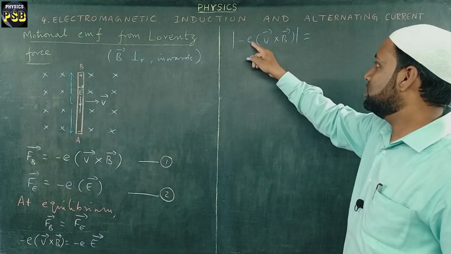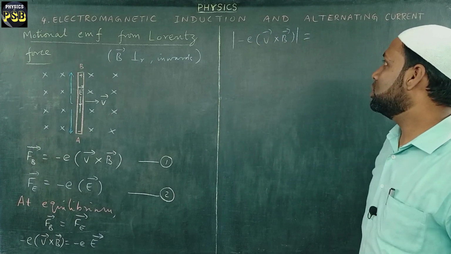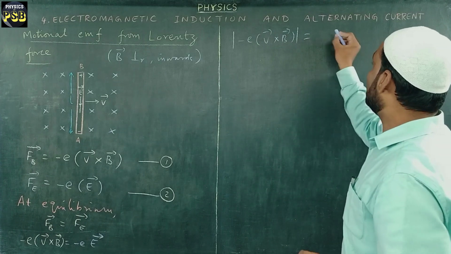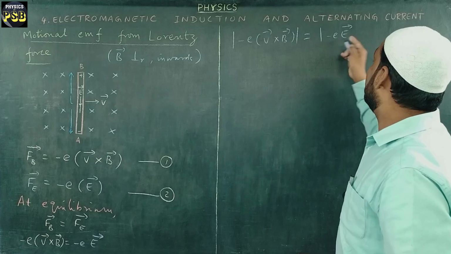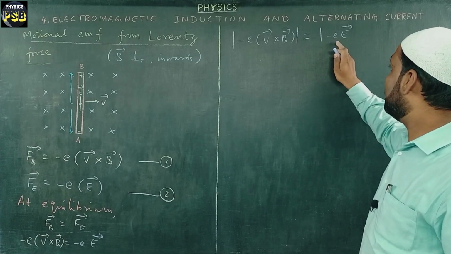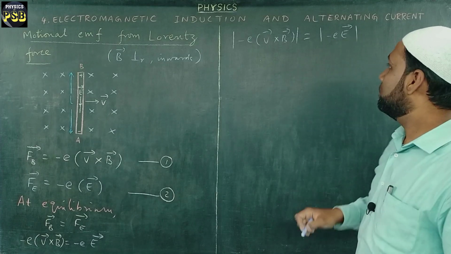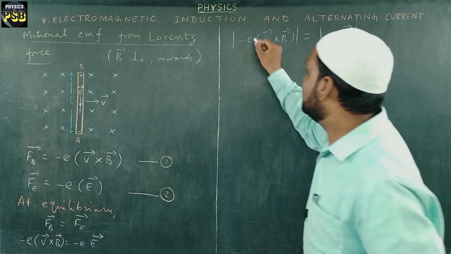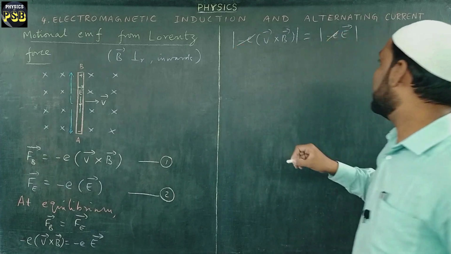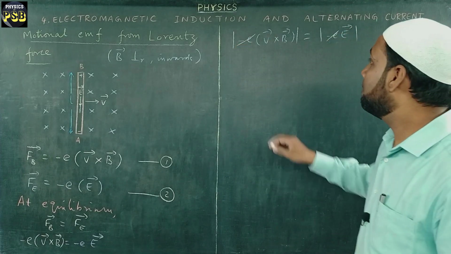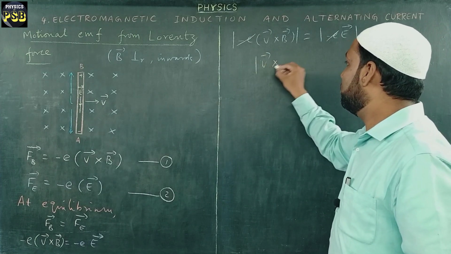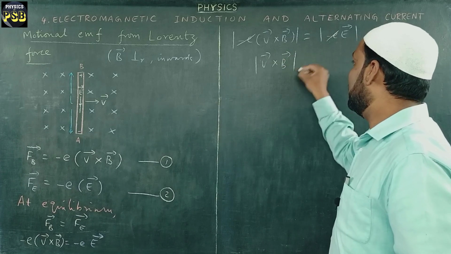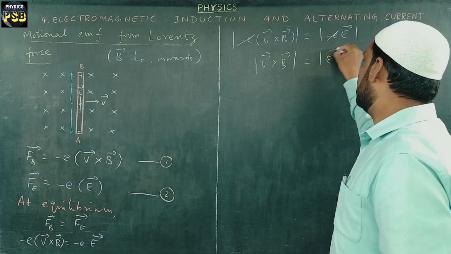Modulus of minus e multiplied with V vector cross B vector is equal to modulus of minus e multiplied with E vector. Here similar terms will cancel. Minus e and minus e will cancel, and what remains is nothing but the modulus of V vector cross B vector equals modulus of E vector.